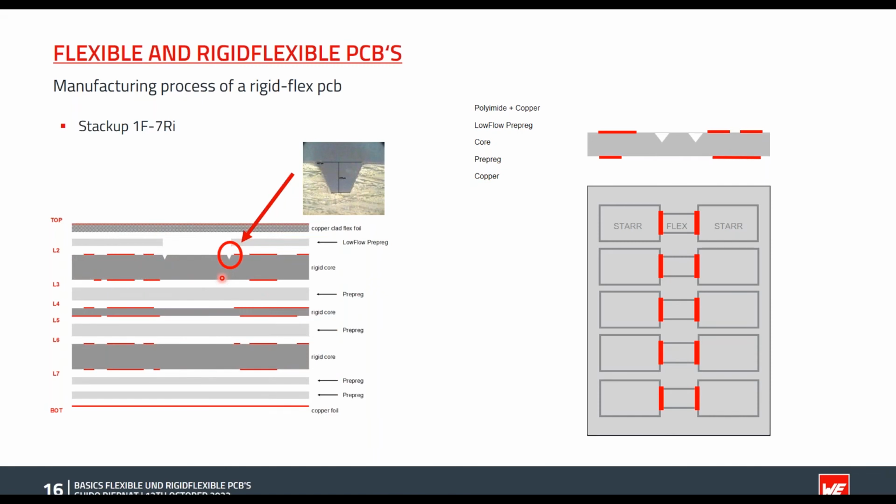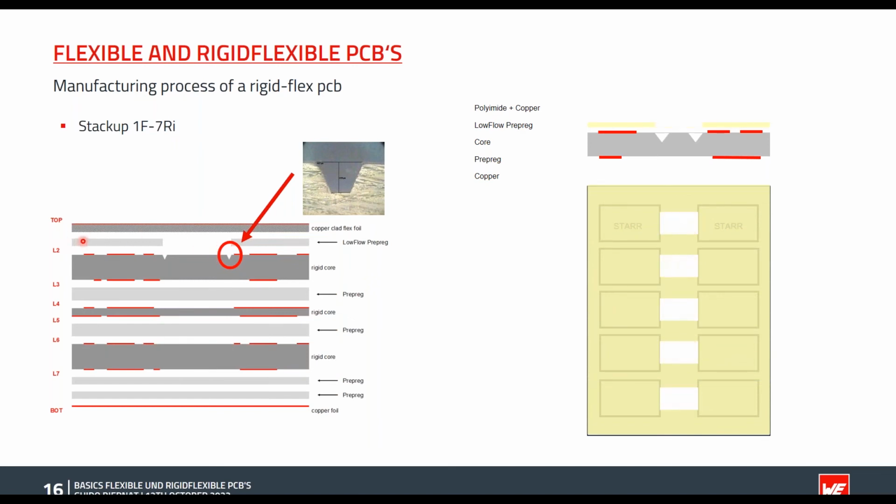The next special feature is the milling process for the low flow prepreg next to the flex layer. With the milling process, we partially remove the low flow prepreg in the flex area.